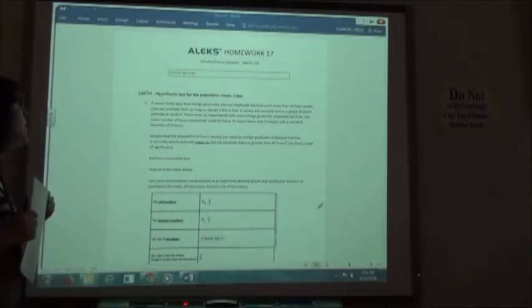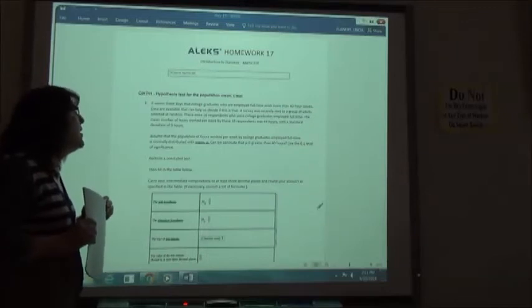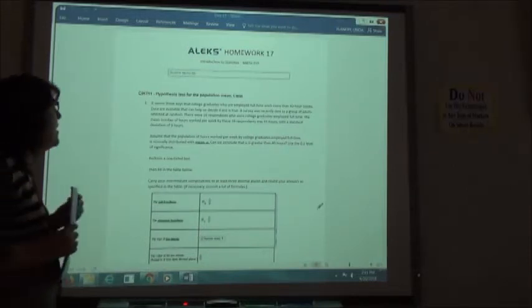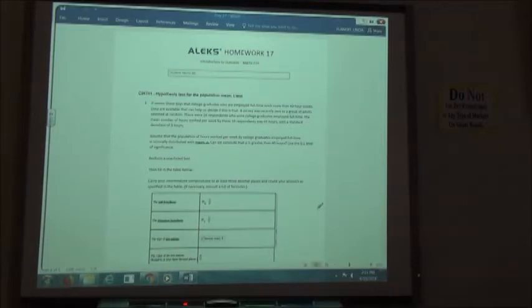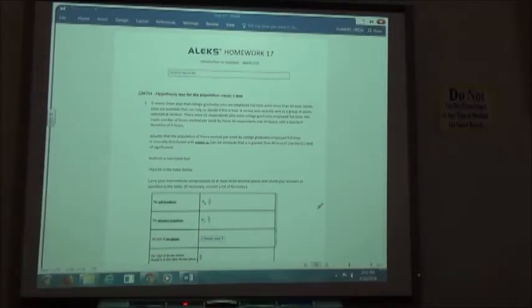The mean number of hours worked per week by these 16 respondents was 44 hours, with a standard deviation of 9 hours. Assume that the population of hours worked per week by a college graduate employed full-time is normally distributed. Can we conclude that the mean is greater than 40 hours? Use a 0.1 level of significance.